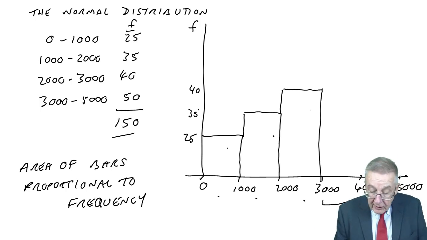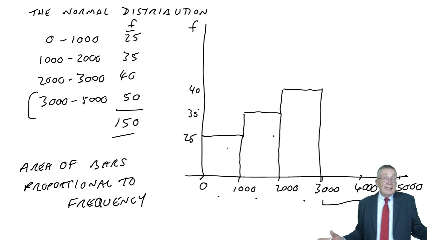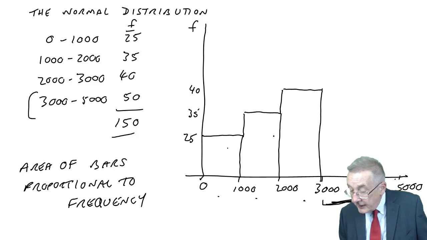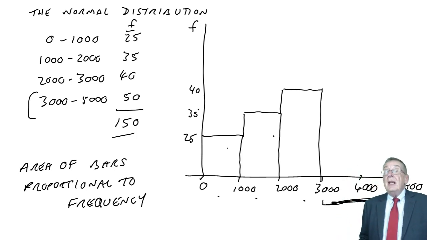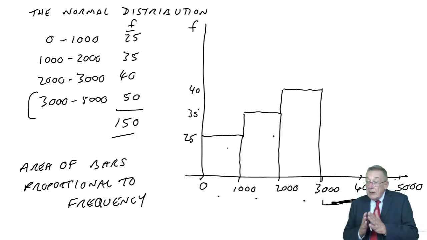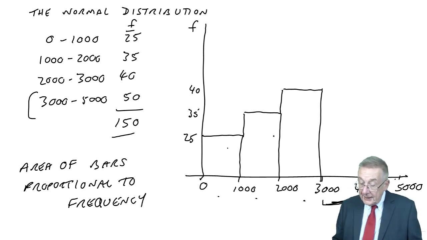But we now come to a range, I said we've lost some accuracy, fine, but a range which is twice as big, that's twice as wide as the other bars. And so, because it's area, height times width, that's proportional to the frequency, if that range is twice as big, we make the bar half the height.